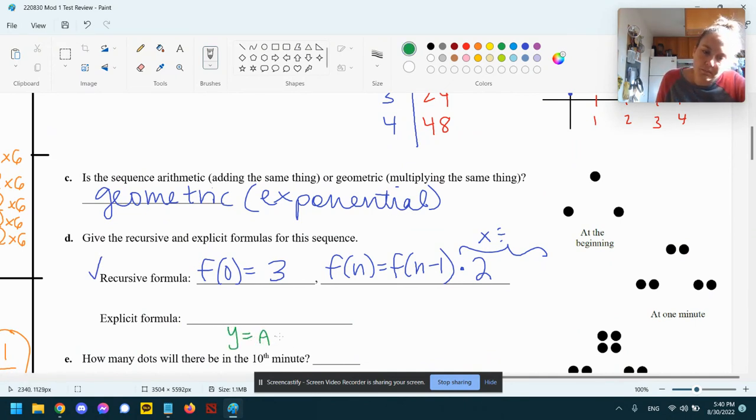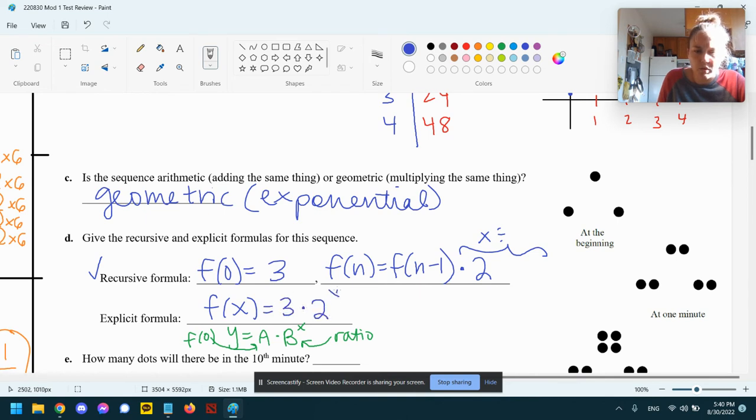Explicit, we have a pattern. This is our pattern where a is f of 0, that's a 0, and b is the ratio. So due to our pattern, we get that f of x equals 3 times 2 to the power of x.